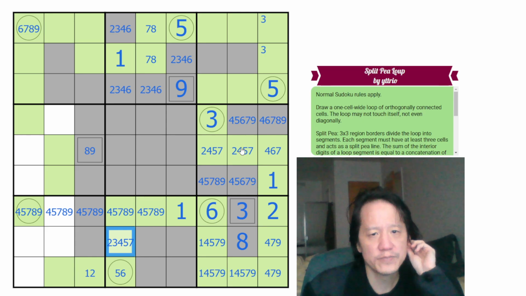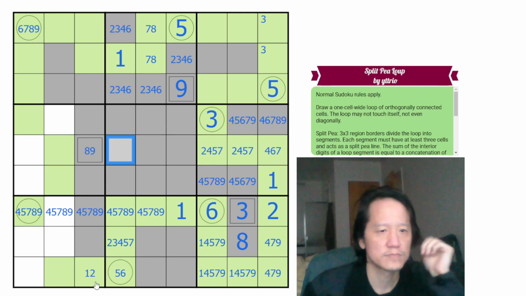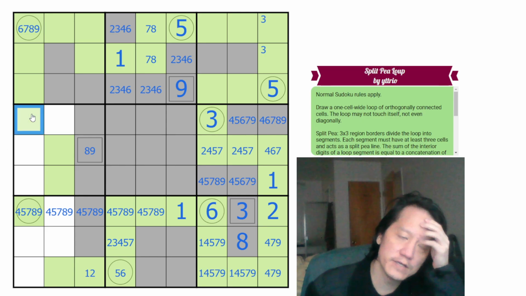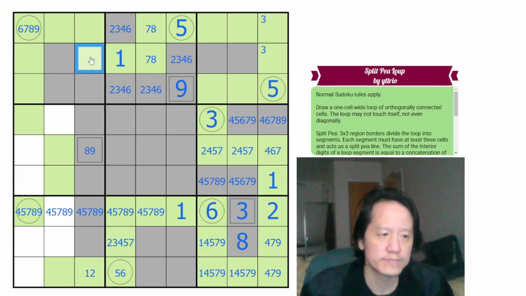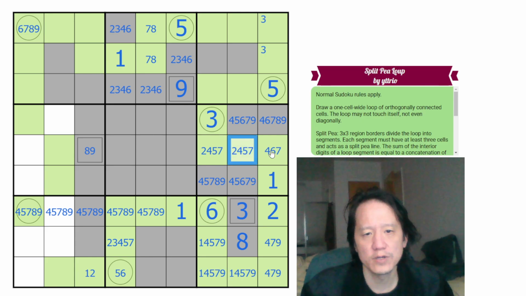Let's see. It enters and exits this way. So it must contain... This is the entrance and exit, but this can't be 1. Okay, this is 2.